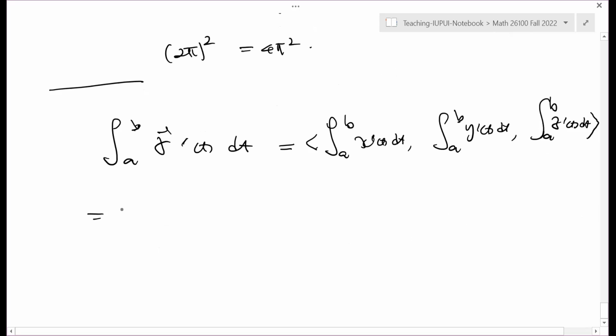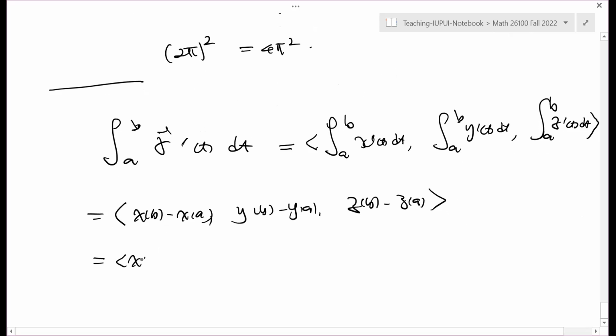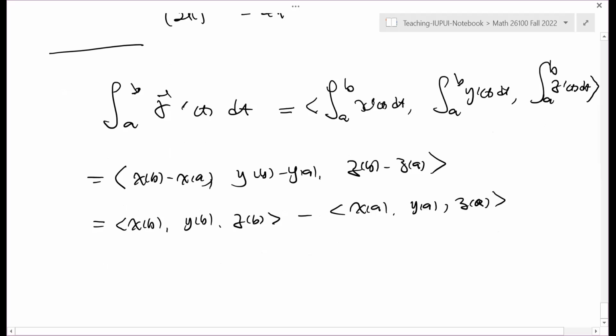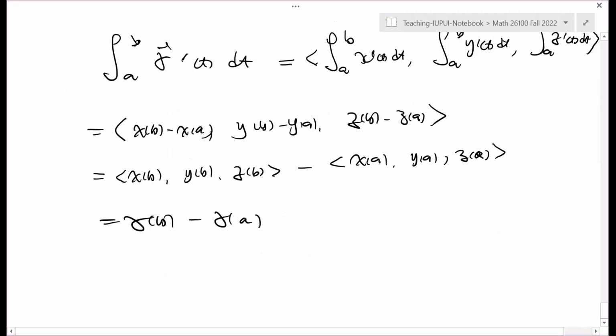Okay, so according to the formula in calculus, it's x(b) minus x(a), y(b) minus y(a), z(b) minus z(a). And you can separate again. So you get x(b), y(b), z(b) minus x(a), y(a), z(a). So we use the formula for a function, for the vector function, right? So we get this. This is gamma of b. So we have a similar identity.